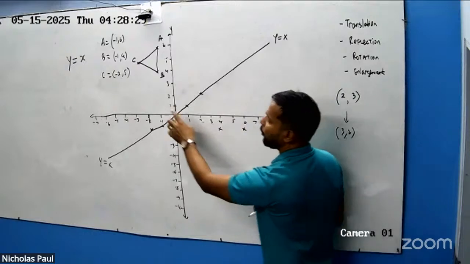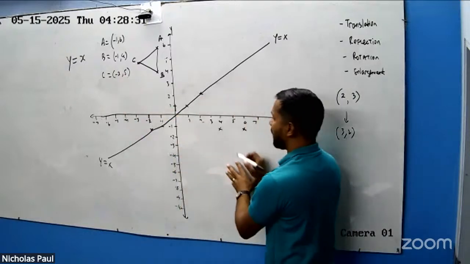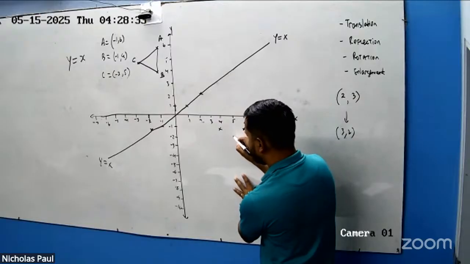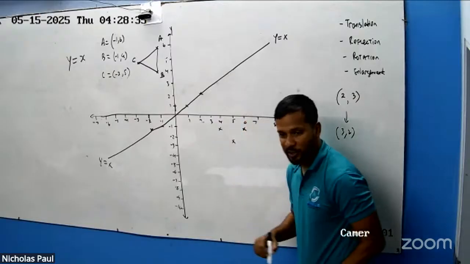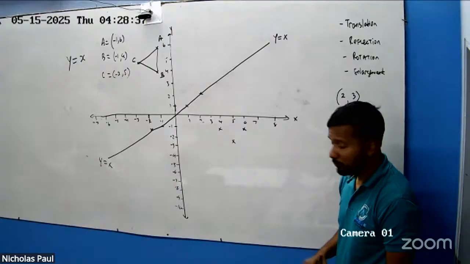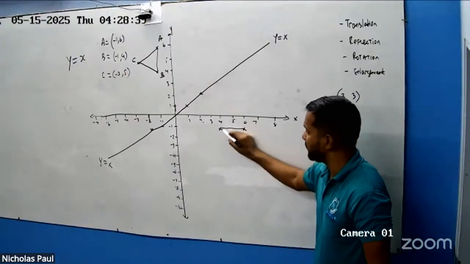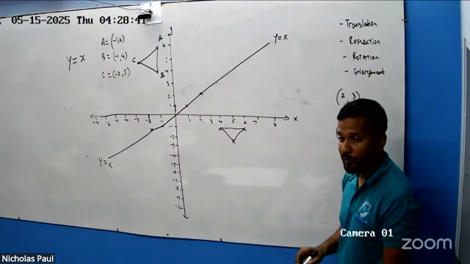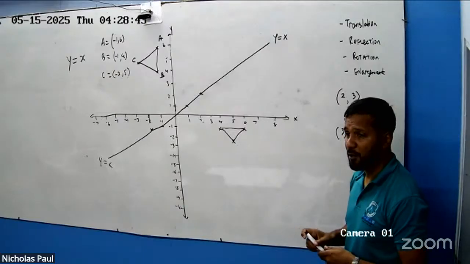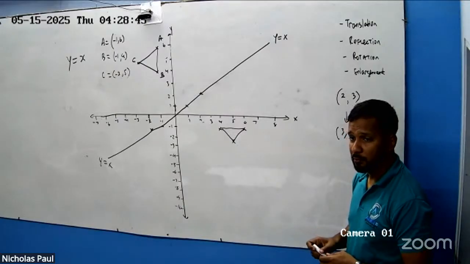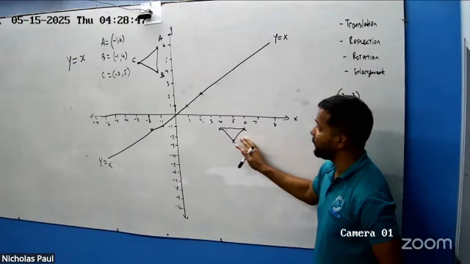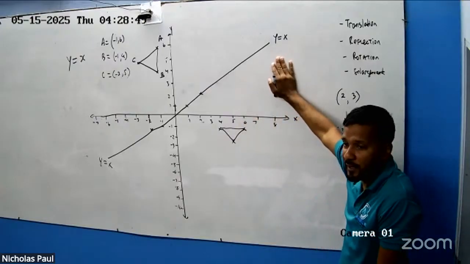And what does minus 3, 5 become? 5, minus 3. Okay? But you plot your line properly, so you've got to plot your graph properly next time, right? Everybody okay with that? So that's the way we reflect in the line y equals x.